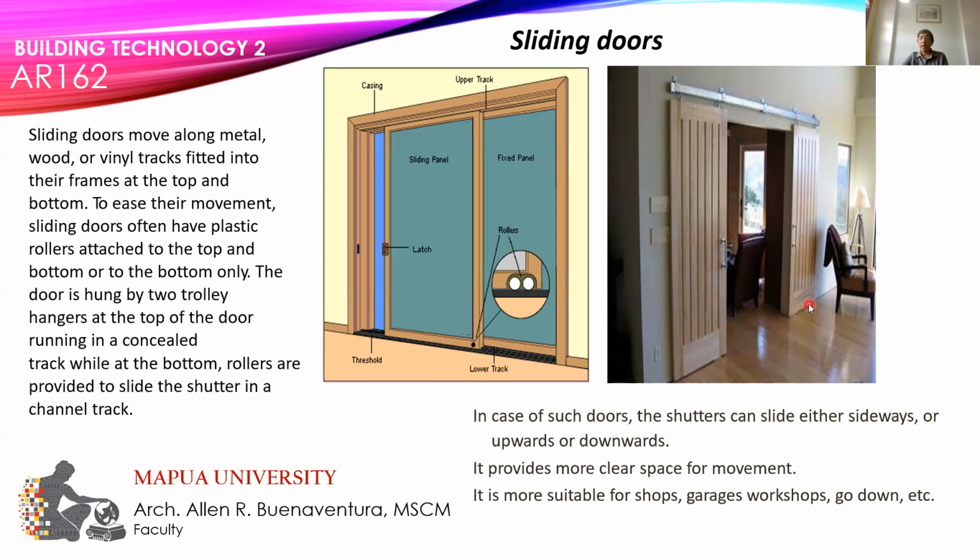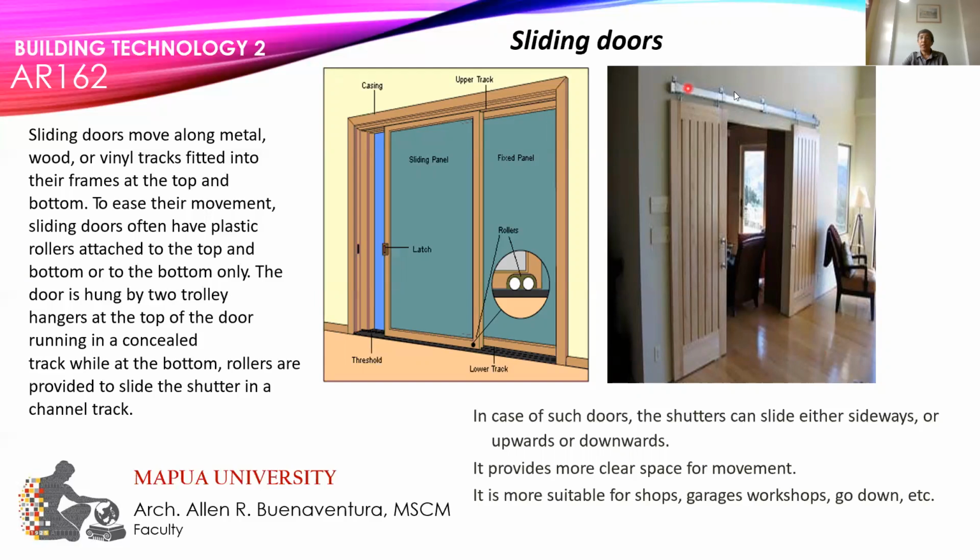The tongue will make sure that the panel will not swing while you slide it towards the center. This will enable us to remove the threshold, so there will be a smooth termination of finishes.